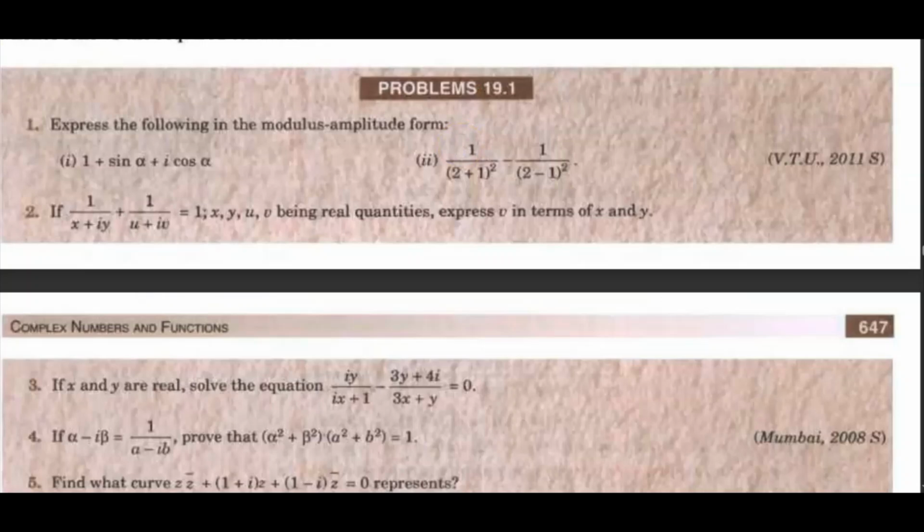So next question is 1 by (2 plus i) all square minus 1 by (2 minus i) all square. So second question.